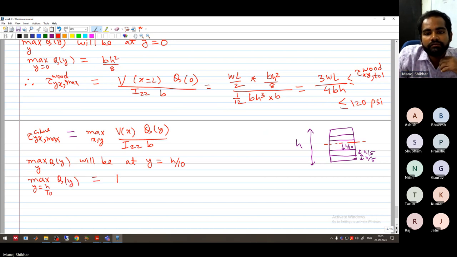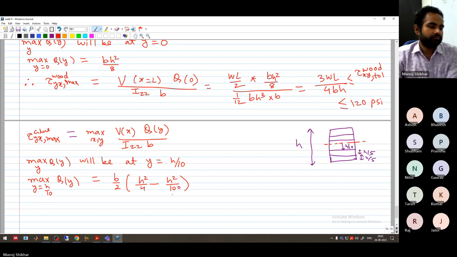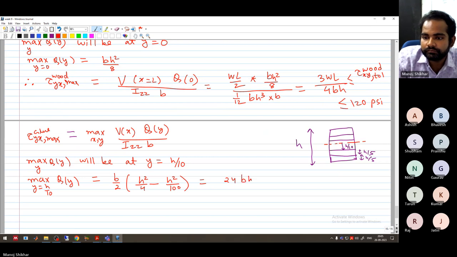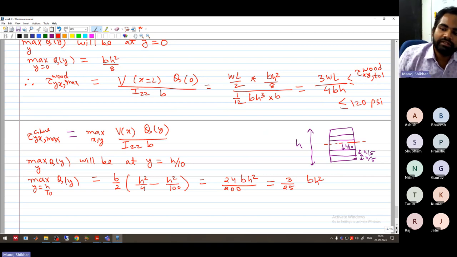Qy is what? b by 2 into h square by 4 minus h square by 100. So Qy max will be 3 by 25 bh square.